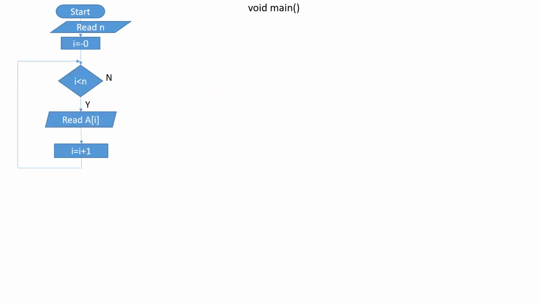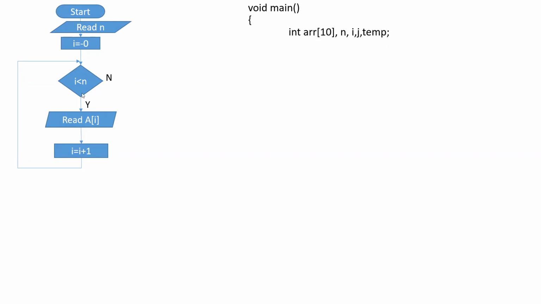So, hash include stdio.h, void main, open curly brace, declare the variables. So int, the array has been declared as ARR of 10, comma n the size of the array, i, j, and temp.